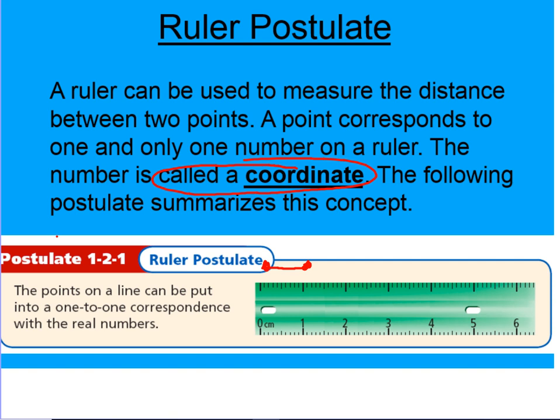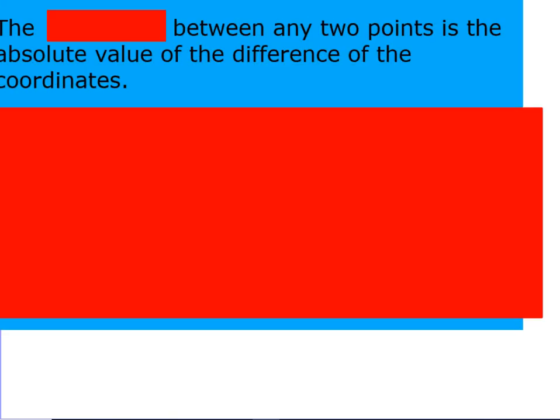But what the ruler postulate allows us to do is to realize that even though I have another line segment here, if I measure that line segment, it's also going to be an inch. It doesn't really matter which starting points and ending points we use, that line segment was an inch regardless. Because what we realize in the end is the ruler postulate leads us to know something about distance.